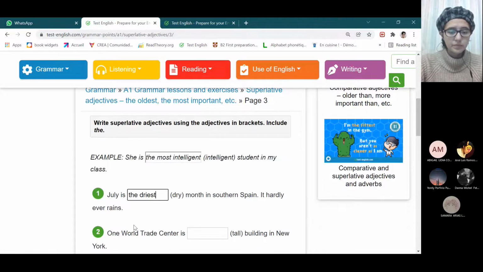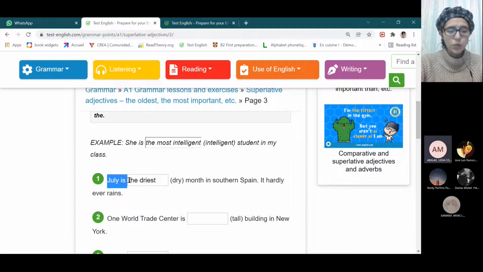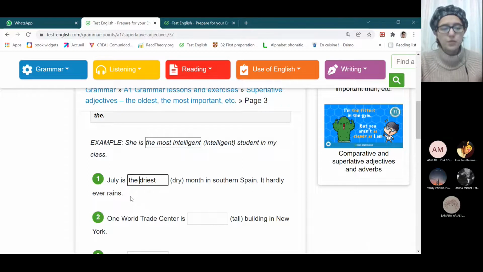July is the driest month in southern Spain. It hardly ever rains. Perfect. Thank you so much. That's true. July is the driest month in Spain. It hardly ever rains. Sí, es el mes más seco, julio.